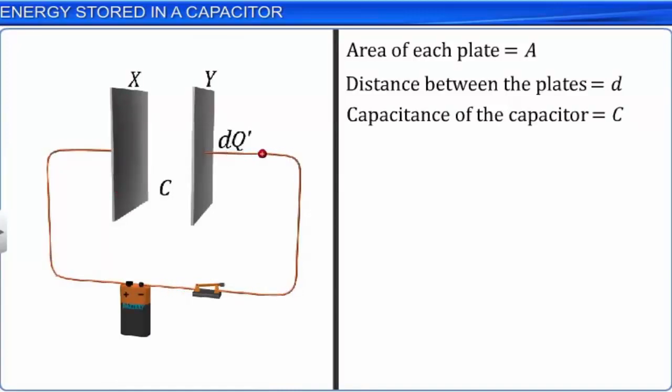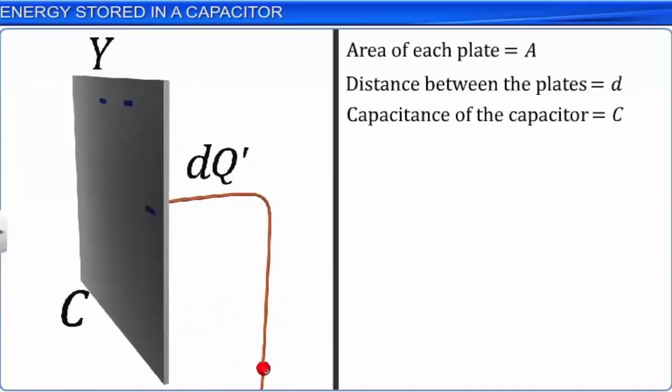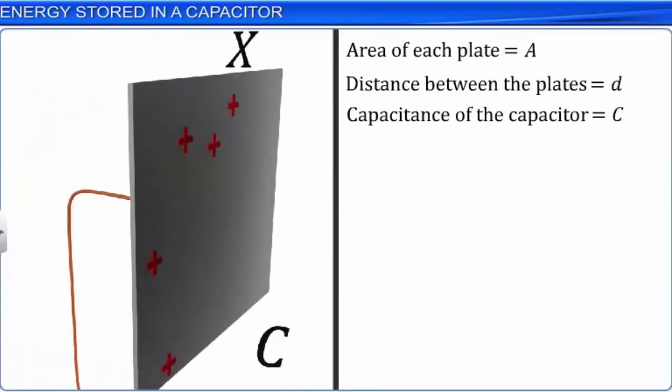In this process, we see that the plate Y is getting negatively charged due to the buildup of excess negative charge on it, and hence the plate Y is at a lower potential. Simultaneously, the plate X is getting positively charged due to the buildup of excess positive charge on it, and hence the plate X is at a higher potential.